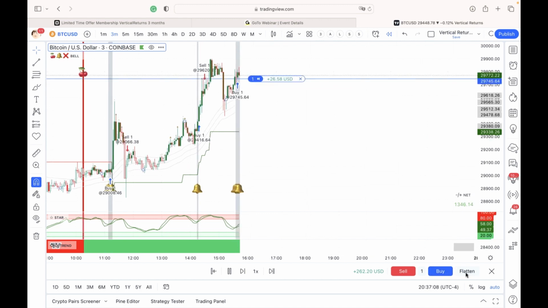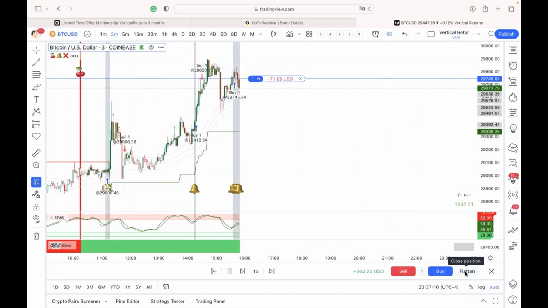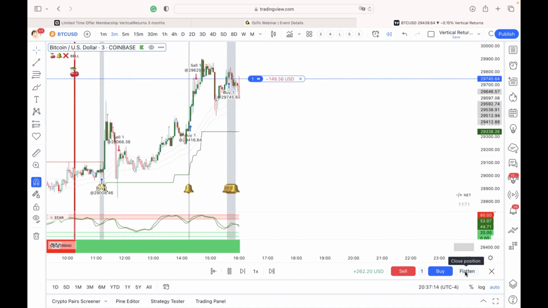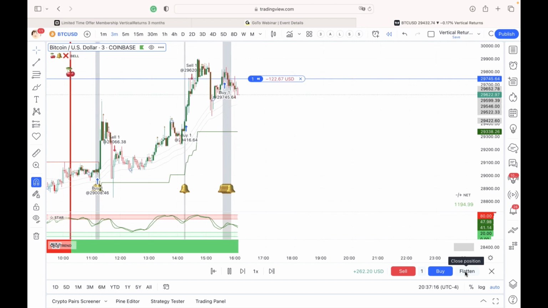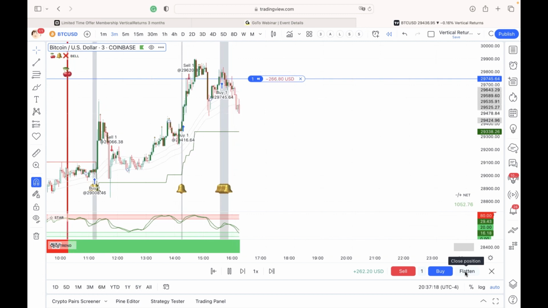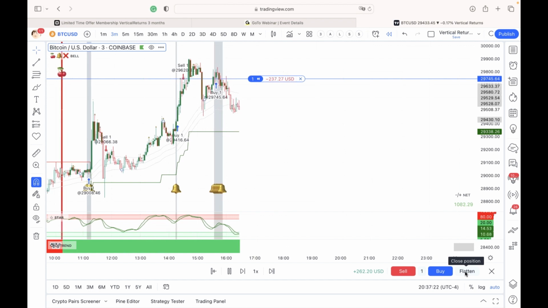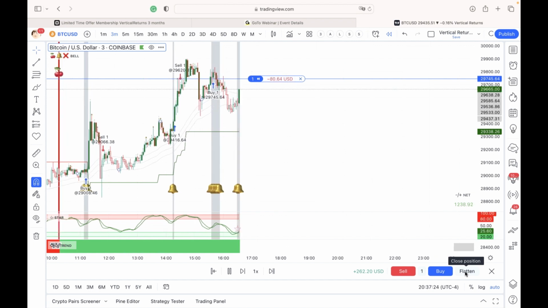Well, yes, the underlying strategy: the moment you make a profit, you close your deal and you're done trading. You don't have to wait for the X. The X is your last chance, the AI is basically telling you, dude, get out.